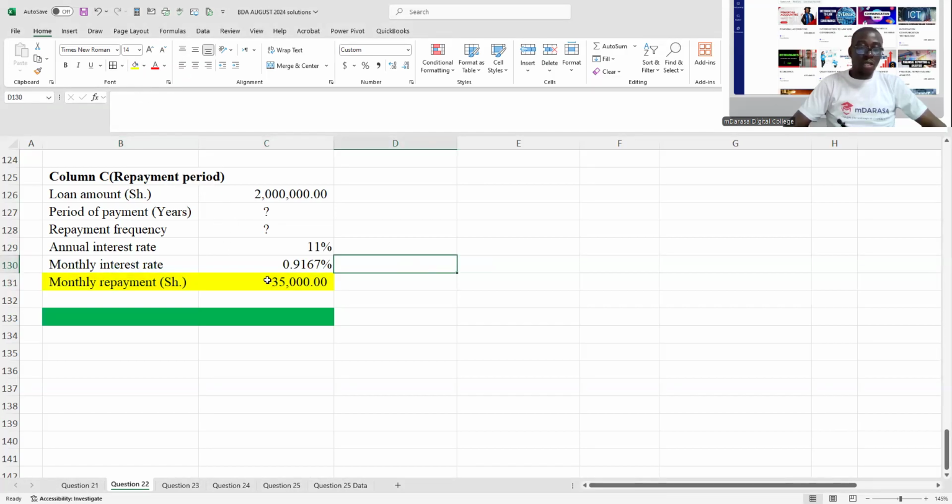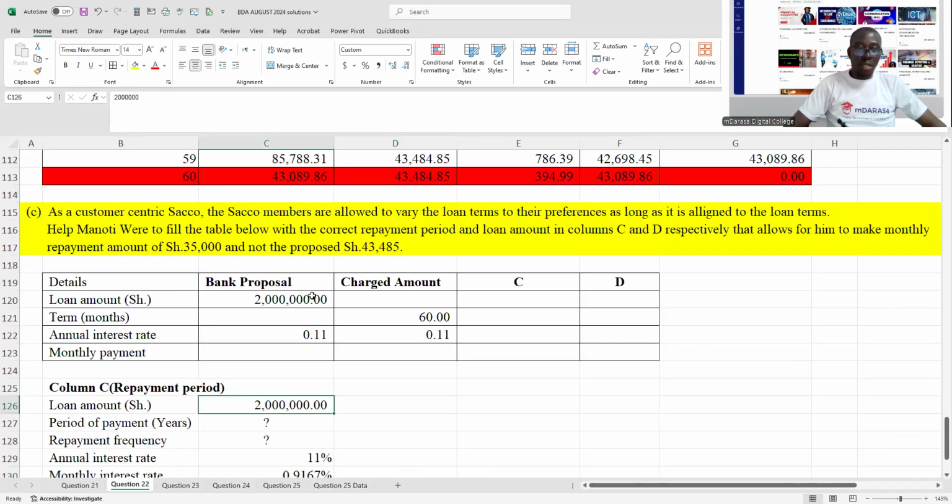If I am taking 2 million, the bank proposal, loan amount is 2 million, given the fact that interest rate is 11%, what will I be having in terms of months? This is what we need to determine.